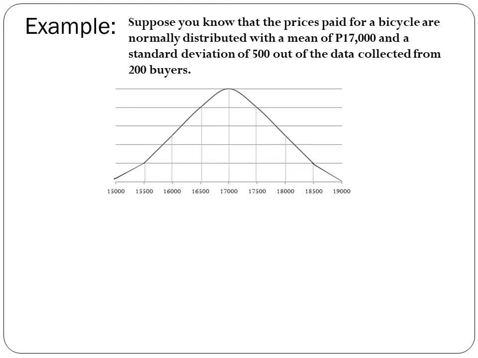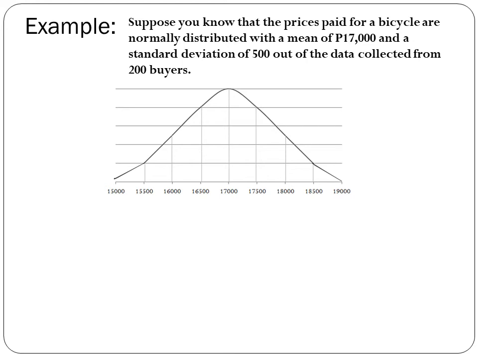So we are going to see the picture of that particular scenario in a normal distribution. Again, we are assuming that after getting all the data from 200 buyers, we have come up with a normal distribution. So this is now the graph of your data.